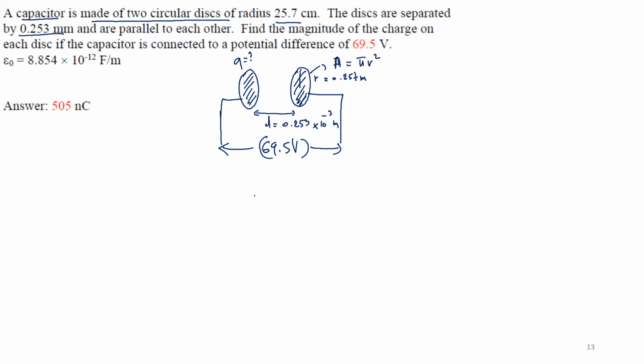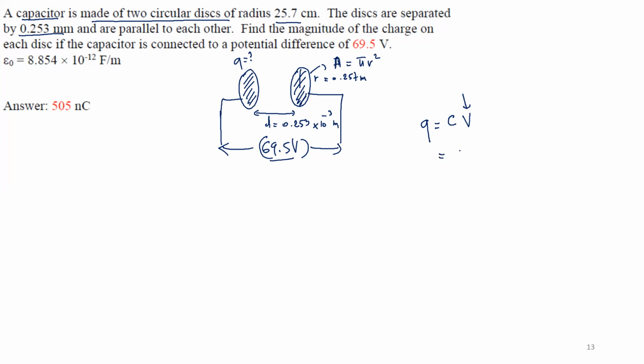So again, what do I need here? I need charge Q. I can say that charge Q is capacitance multiplied by the voltage. I know the voltage, 69.5. Now what's the capacitance?